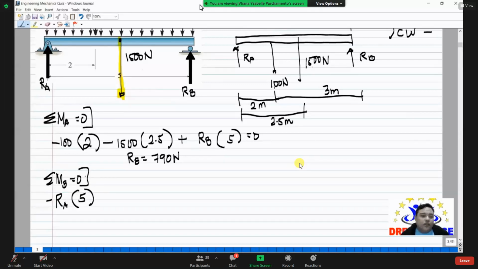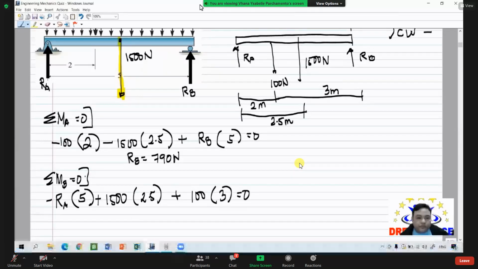Tapos yung ating 1,500, that is counterclockwise direction, so that is positive. Plus 1,500 times 2.5, plus, kasi yung 100 natin counterclockwise direction rin, so that is 100 times 3 equal to 0.